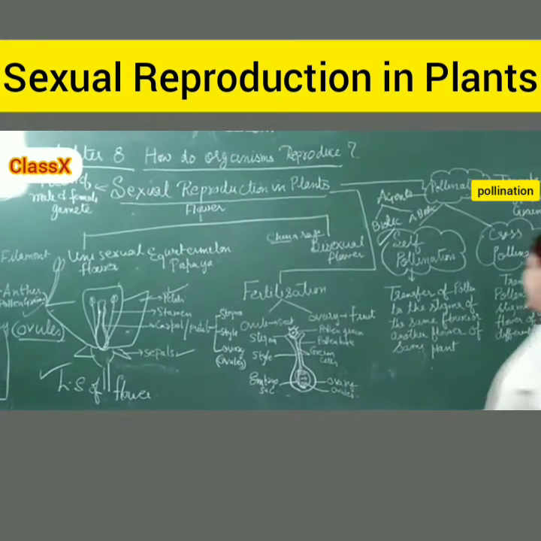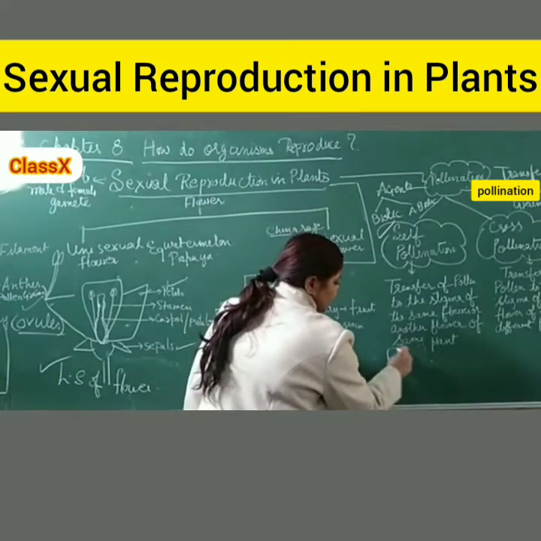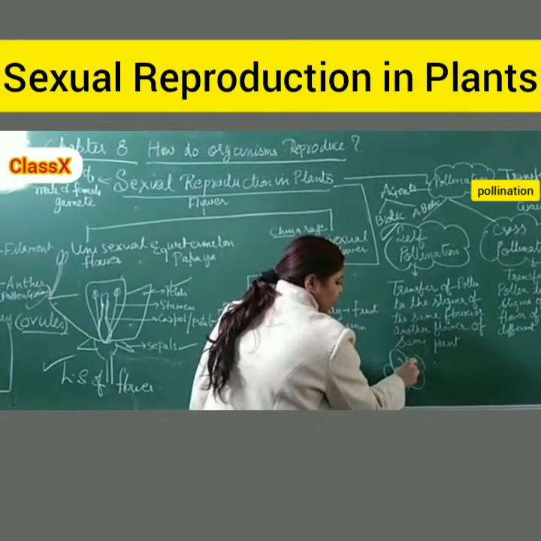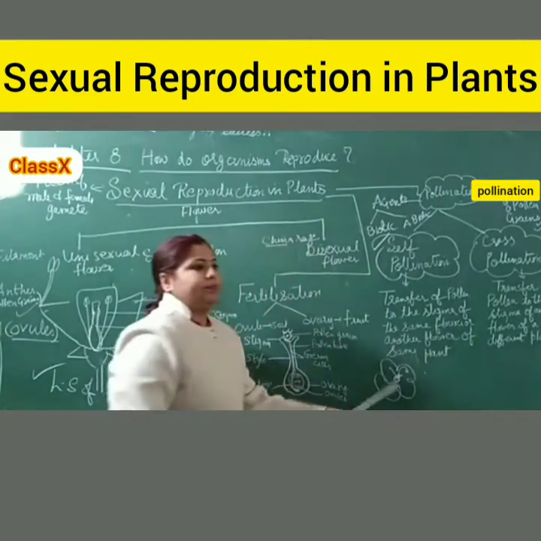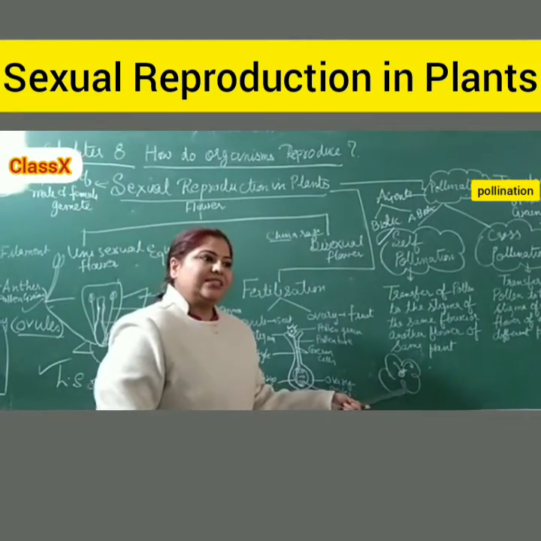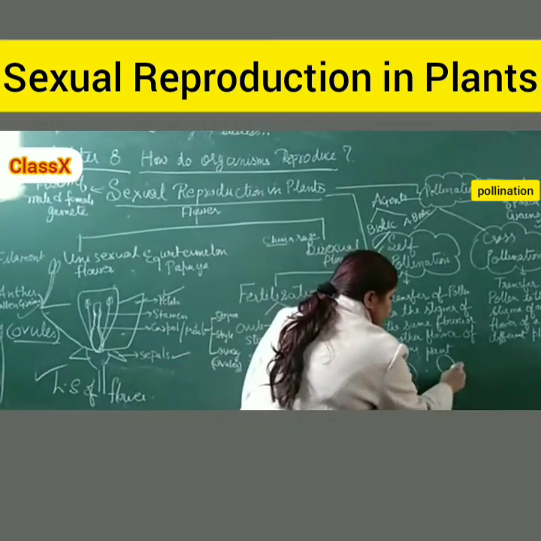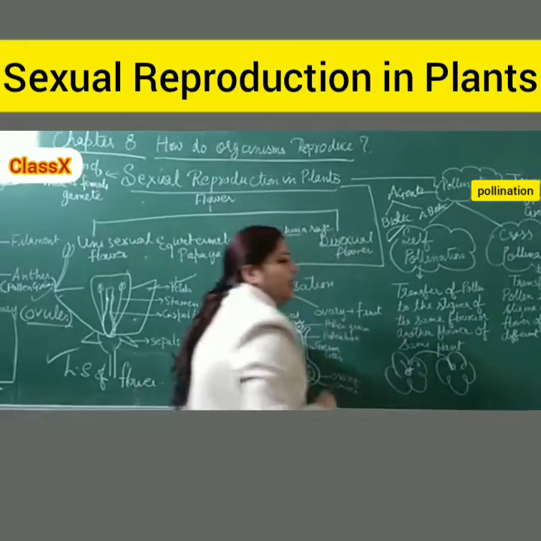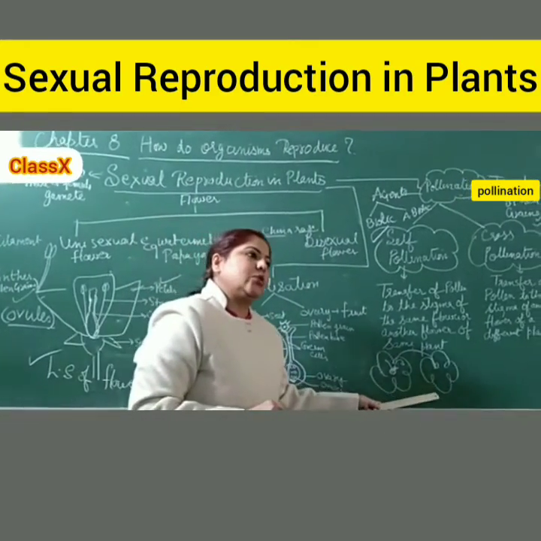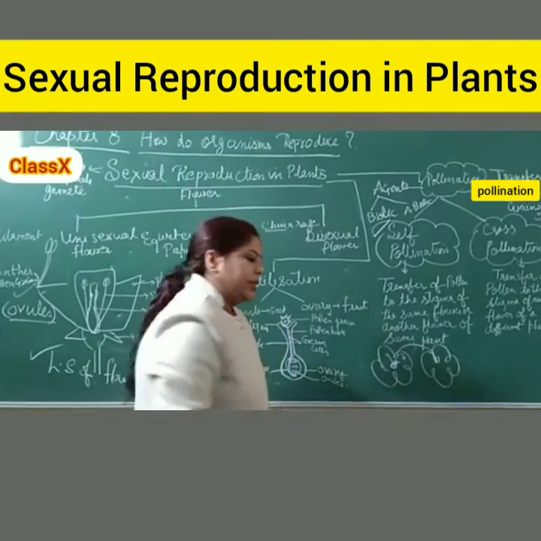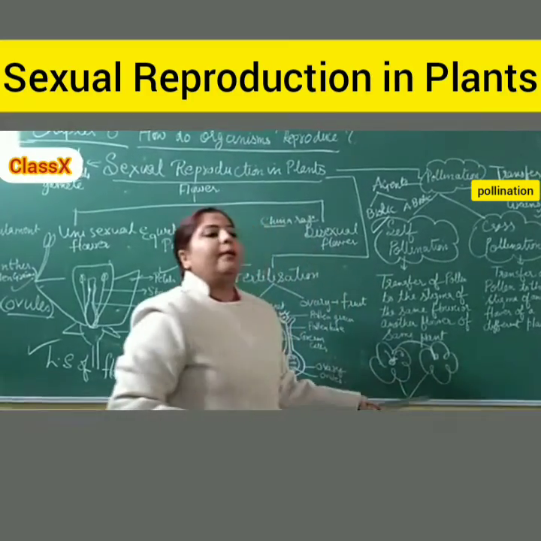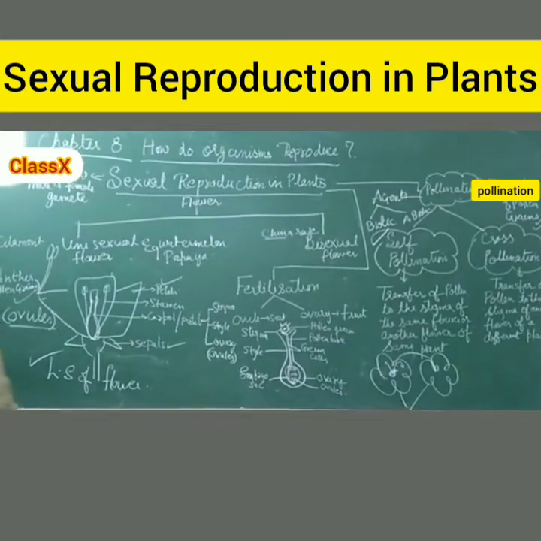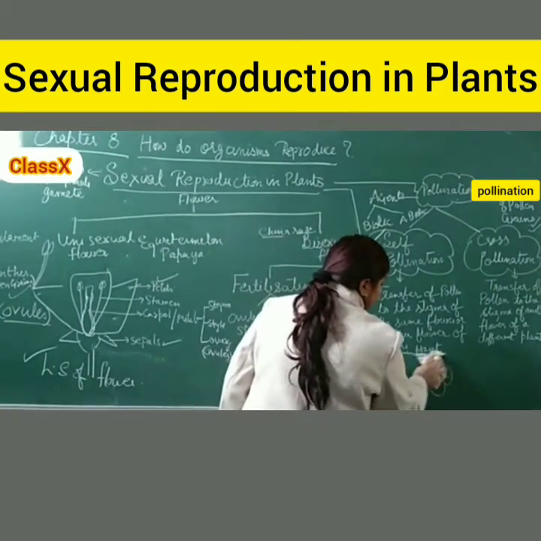That means that in a plant, okay, if this is a flower, if pollen grains of one flower are transferred onto the same flower, then it is called self-pollination. And it is not necessary; there can be another flower on the plant too, and if its pollen grains get transferred onto this flower, then also it is called self-pollination. They are the flowers of the same plant, right? They are the flowers of the same plant and this is called self-pollination.